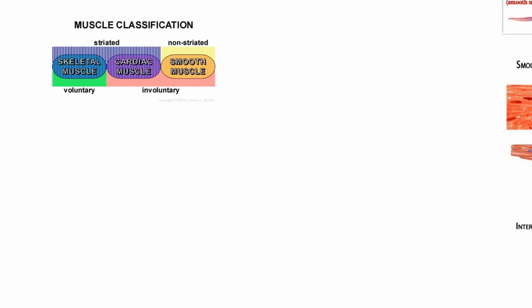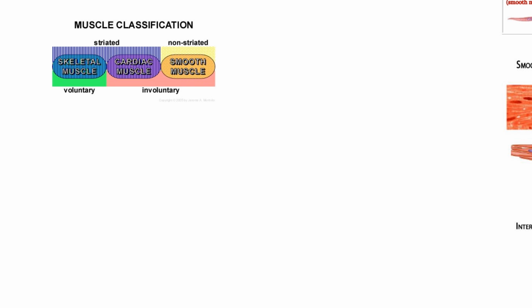So now, remember, we're just doing a brief overview, and I wanted to show a couple images that people have made. There are different ways of classifying muscles. That's like taxonomy, a system of classification. When you look at them under the microscope, they can either be striated or non-striated.